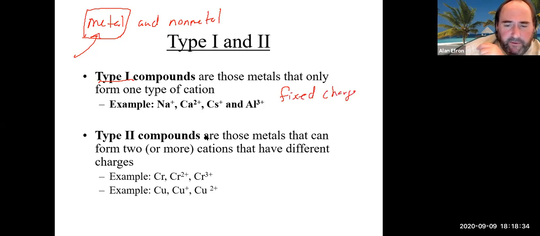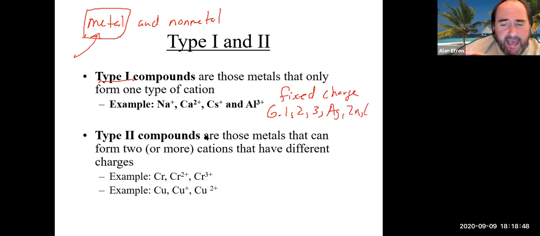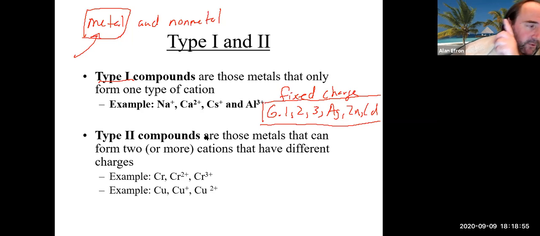So if you remember what we just talked about, the metals that have fixed charges are members of group 1, group 2, group 3 on the periodic table, silver, zinc, and cadmium. So if your metal in a compound contains one of those, a group 1, a group 2, a group 3, zinc, cadmium, or silver, it is a type 1 compound.